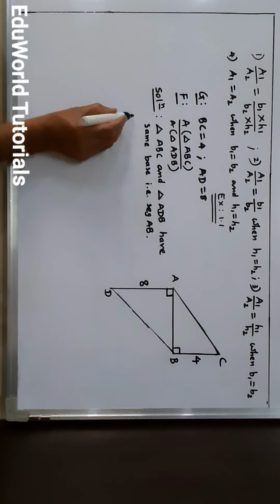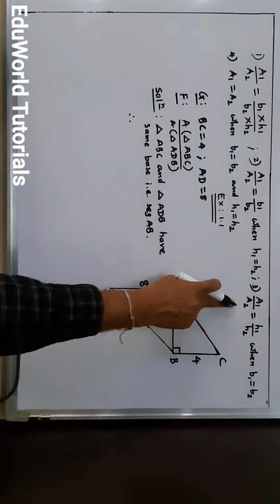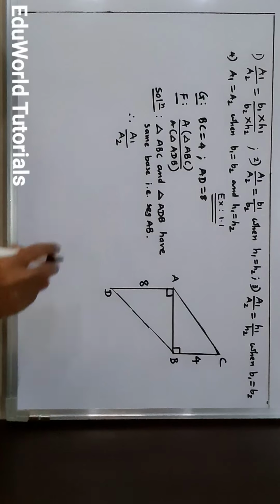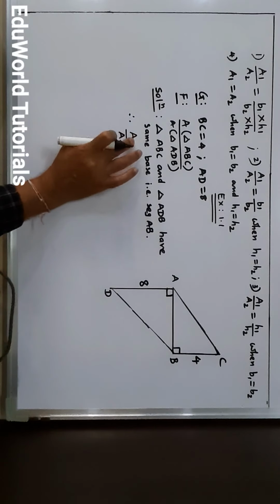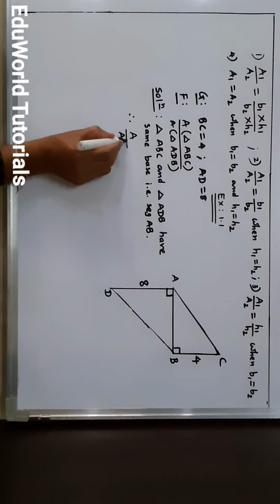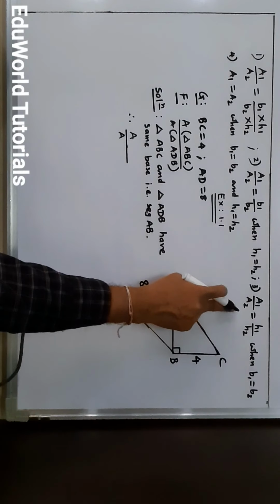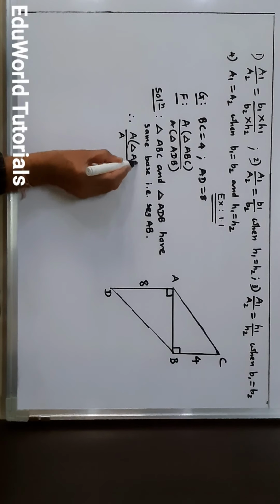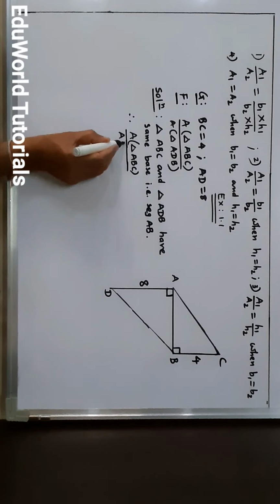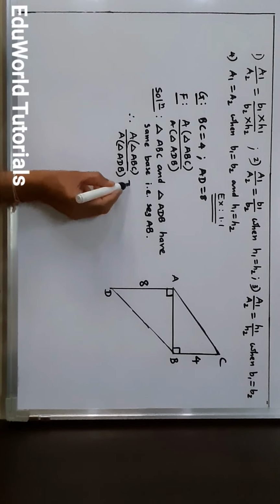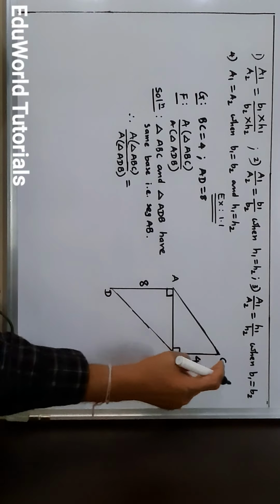Therefore, when they have same base, which property do we have to write? We have to write the third property. A1 upon A2, that means area of the first triangle upon area of the second triangle. Because this will be written as a region, we have to write area triangle ABC upon area triangle ADB, equal to corresponding heights.